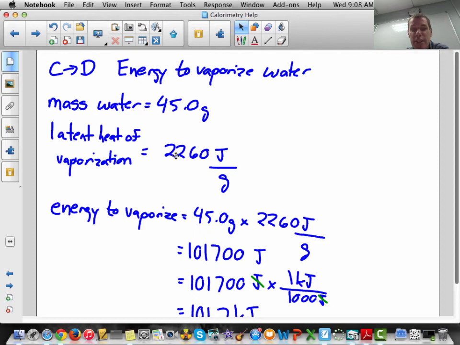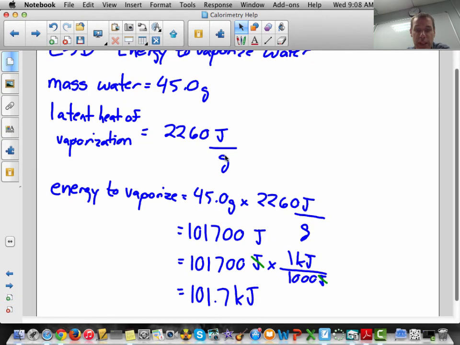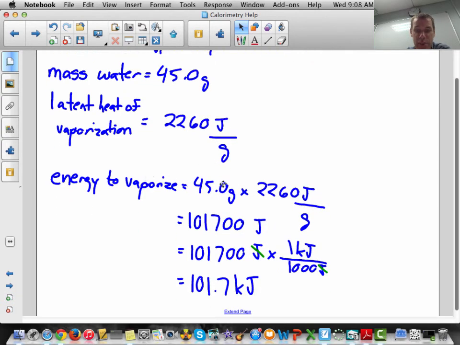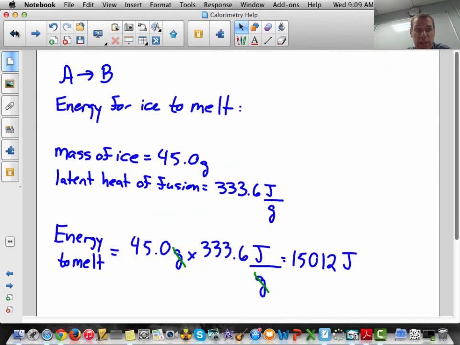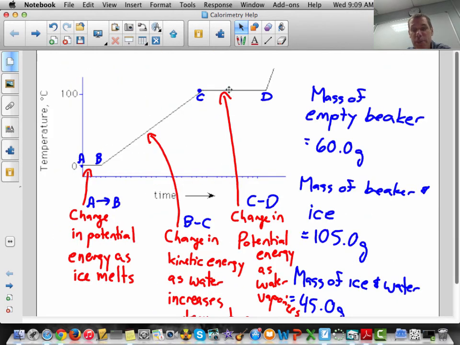You need 2,260 joules for every gram when it's at the boiling point. So again, factor label method, 45.0 grams times 2,260 joules per gram gives you 101,700 joules, or 101.7 kilojoules, required to take that water at the boiling point right here and vaporize it to steam right here.